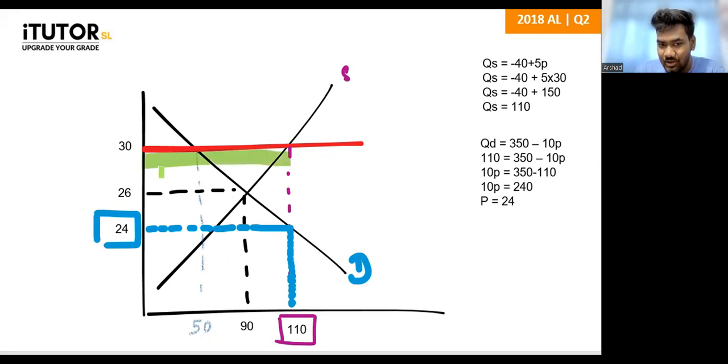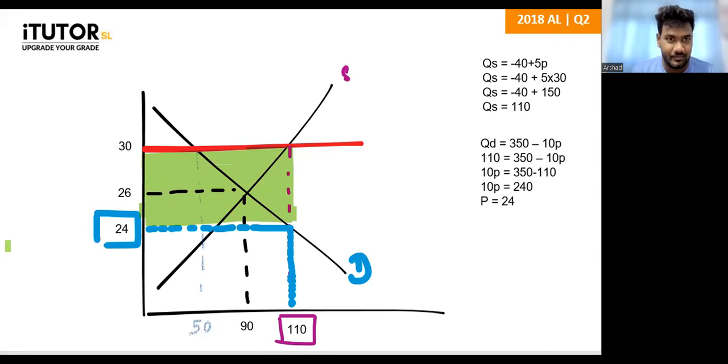So government's total expenditure becomes this area that I'm highlighting in green. How? Per unit government has to pay 6 rupees for a total of how many units? For a total of 110 units. So this entire thing is government's deficiency payment expenditure. Is that clear? That is the basic story.